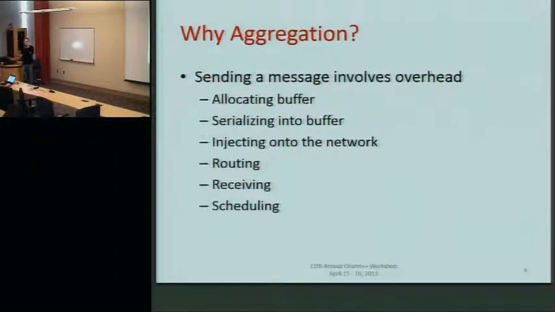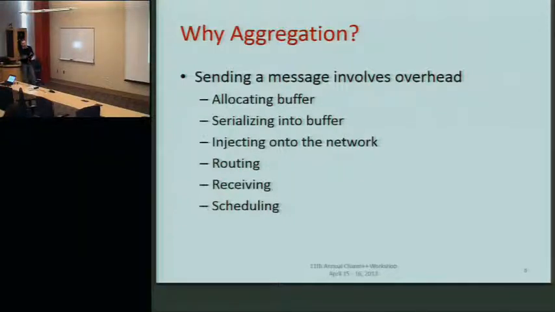So the first question is, why are we looking at aggregation of messages? Well, it turns out that sending a message over the network involves lots of overhead. You have to allocate a buffer for the message. You have to serialize the data that you want to transfer over the network into the buffer.